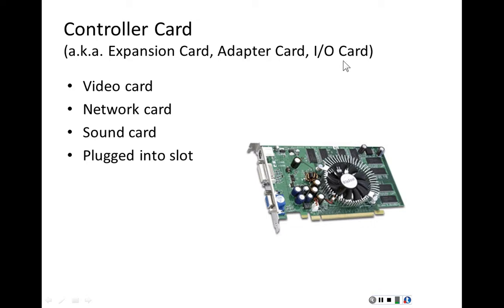And here are 3 different examples. You could have, for example, a video card or a network card, and obviously that's what we're most interested in, or you could have a sound card. These cards are typically plugged into a slot in the motherboard, or they might even be built into the motherboard.